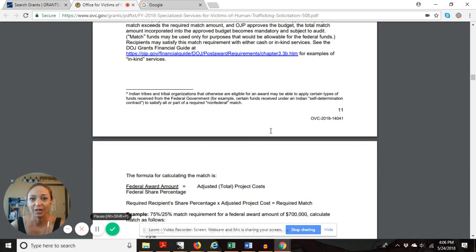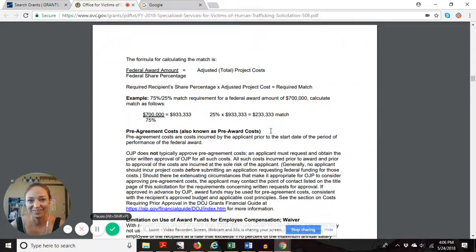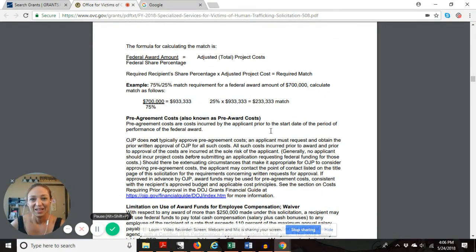And how they do that, definitely, it's different. It's confusing. There's a little formula, and I'm going to put this on my website because it's a little confusing. You put your federal award amount, so say that $700,000, divided by the federal share percentage, which is 75%, because remember the matching is 25. So you divide 700,000 by 75%.